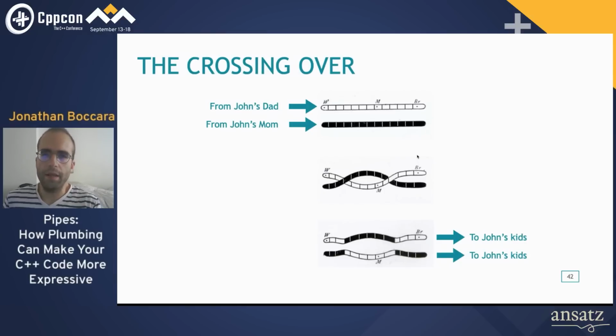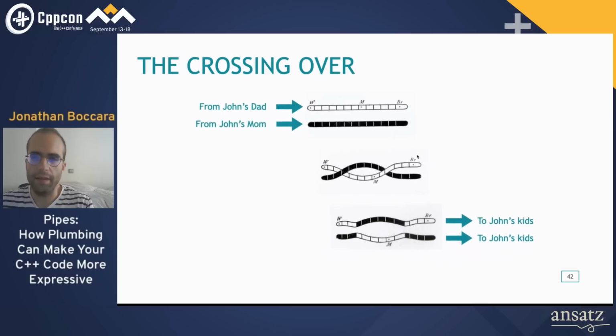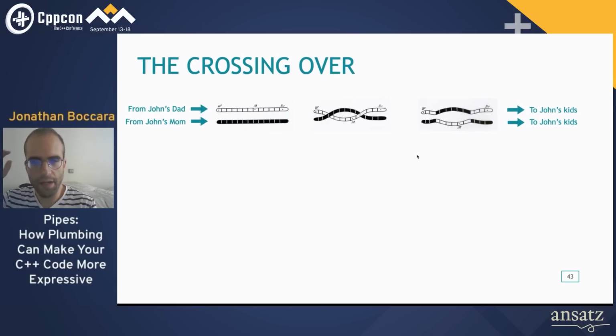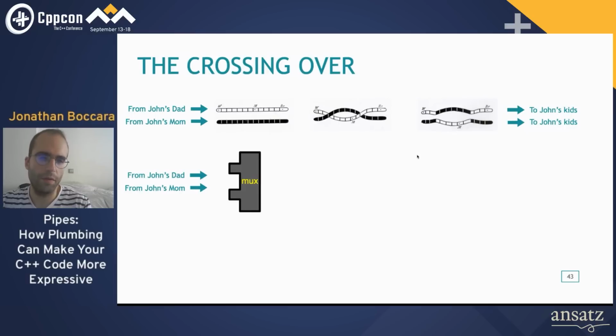Now, let's try and code that, right? Let's try and represent that with code. Let's say that we're working in bioinformatics or something like that. How would we do that? Well, if we do that with pipes, we need to associate the two chromosomes. So we think of MUX.